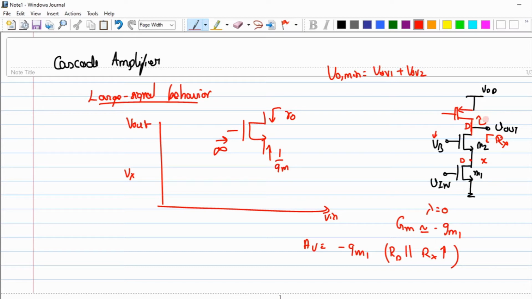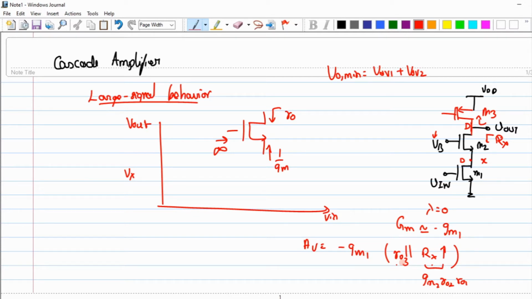So when I plug in here, this R naught sits in parallel with a very large resistance, which could be approximately written as gm2 ro2 ro1. So this Rx is a very large value compared to the value of ro1, or M3 I will write it, so ro3. Is that clear? So again, I'm not getting a better gain out of the circuit.